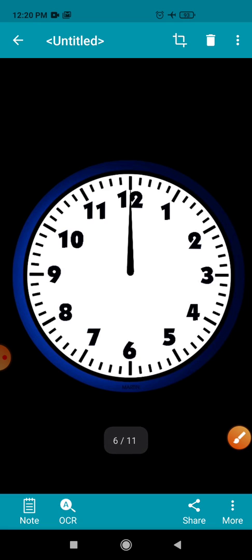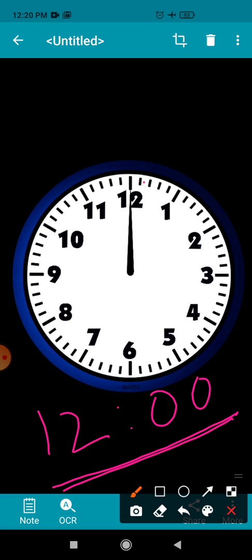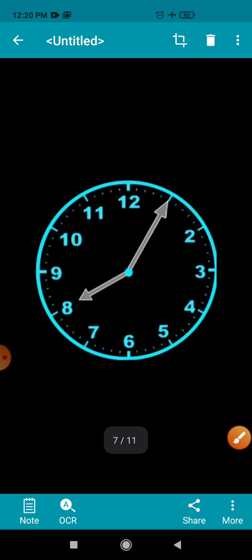Next example. Here you can see only one hand of the clock, but this is not true. The short hand is behind the long hand, so you are not able to see the short hand. It means the short hand is also on 12 and the big hand is also on 12. It means 00. So it will be read as 12 o'clock. Now here, how will you read this time?